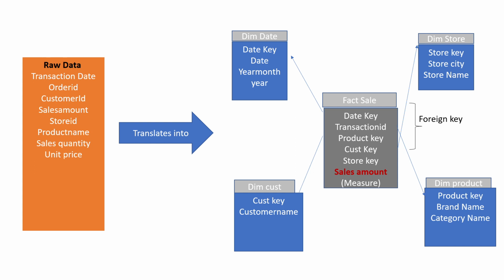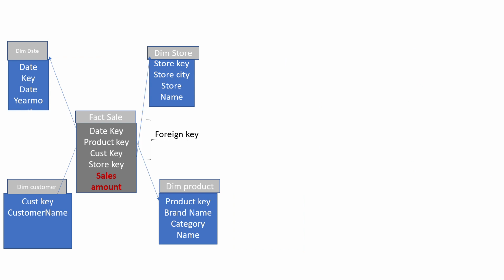Let's take an example. How to find the sales amount bought by one particular customer in the last 5 months? You can join the tables, do the aggregations based on the year and the customer name, and find the sales amount. Okay, so this is your star schema.